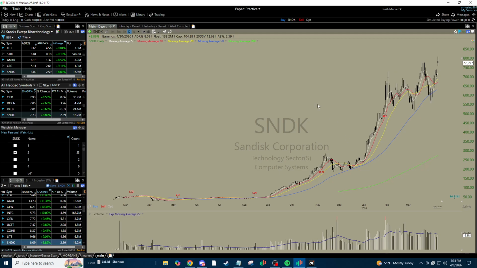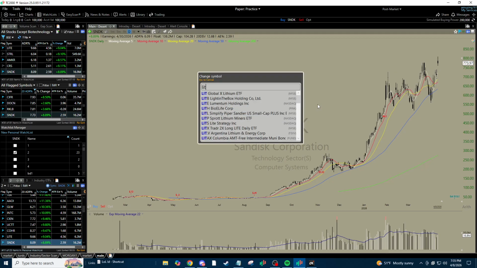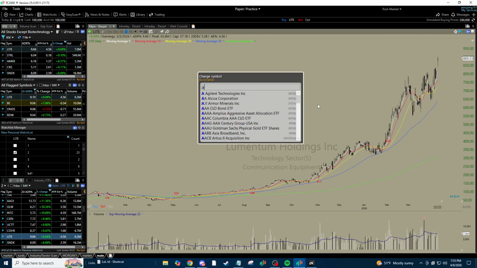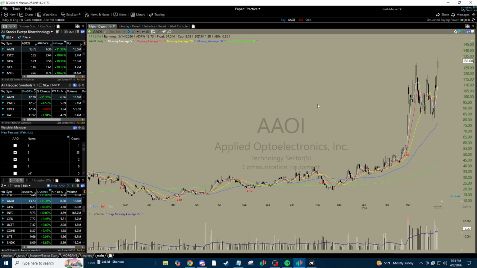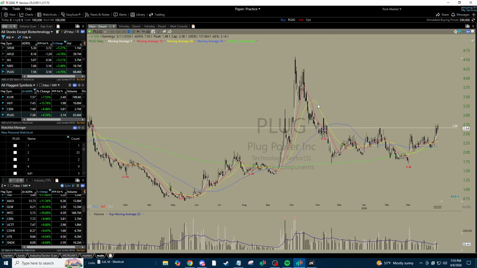And it won't always be SanDisk and Lite. Won't always be AAOI. That one's a hard one to say out loud. These names will rotate and change, for sure. That I can say for a fact. But things always come back around.